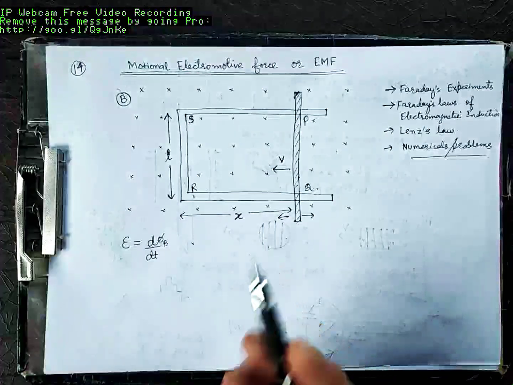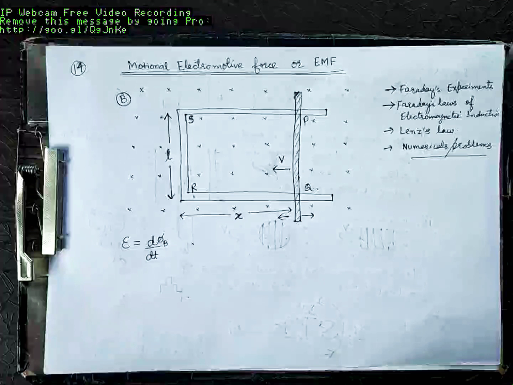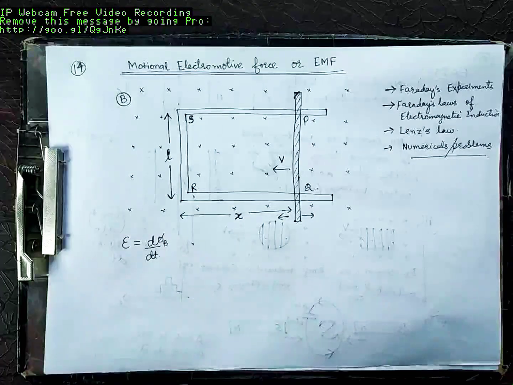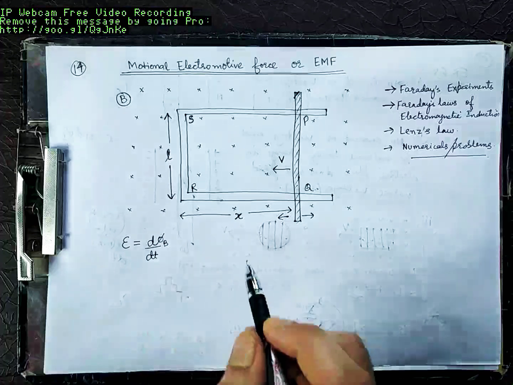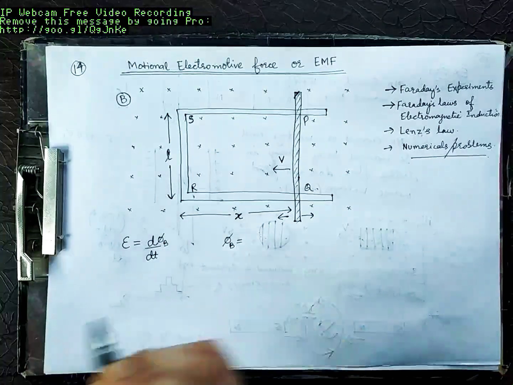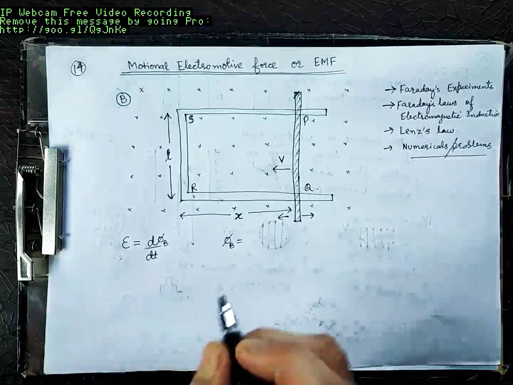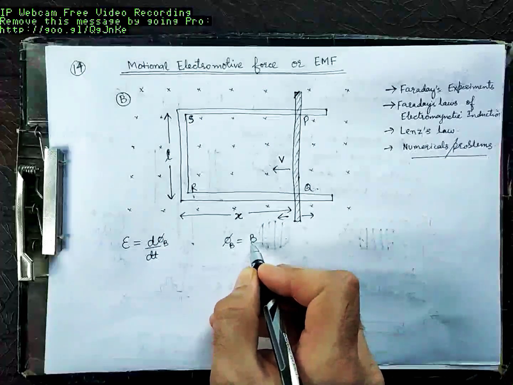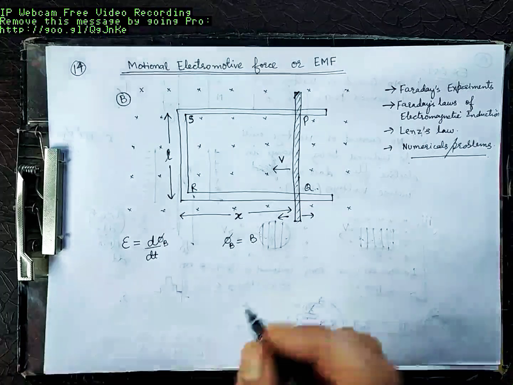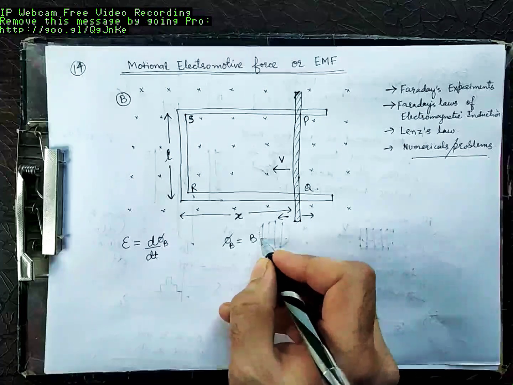Here, to make the case simpler, there is only a single turn, so E is equal to d phi by dt. What is flux phi B? Flux phi passing through any area is equal to magnetic flux density B into area A.